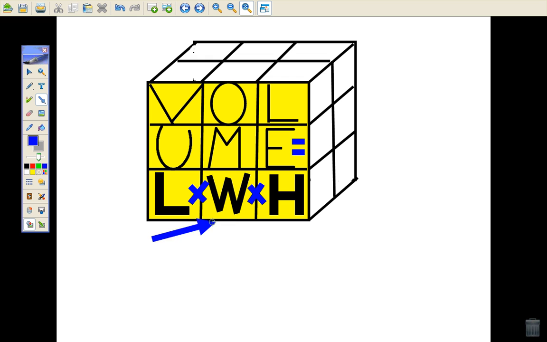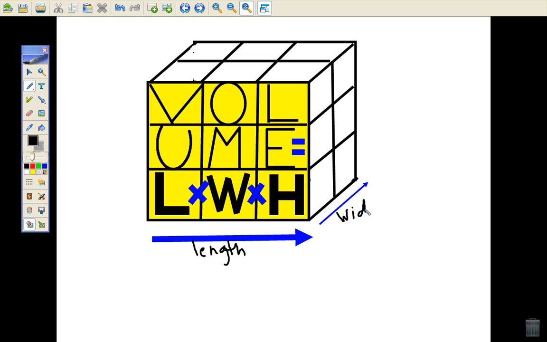It has length, it has width, and it has height. So those are the three dimensions that we are dealing with when we're doing volume. The length of something, the width of it, and then the height.